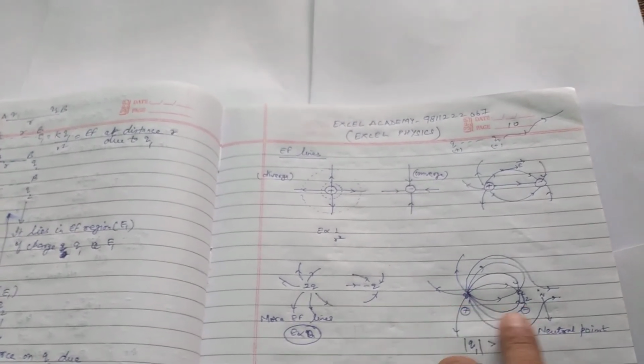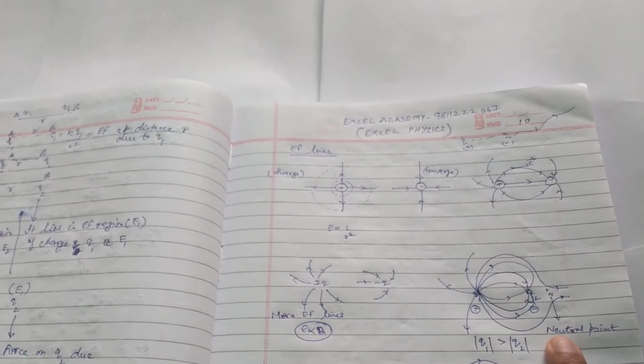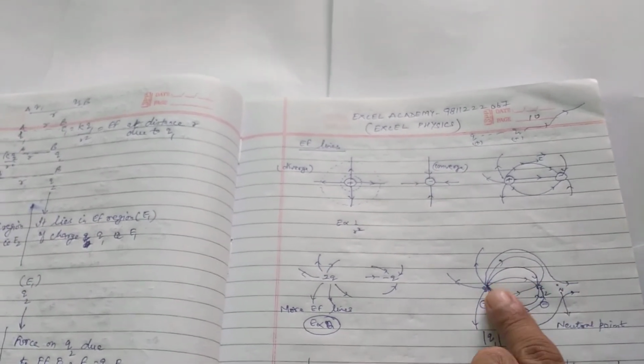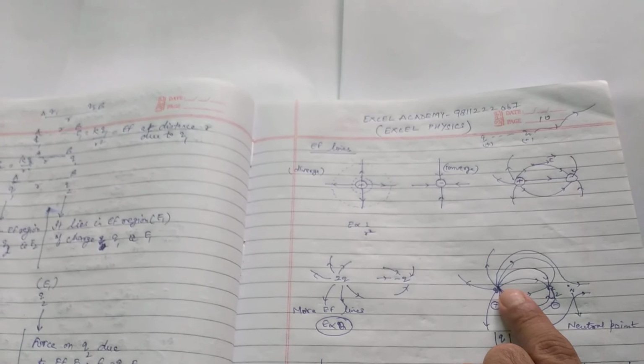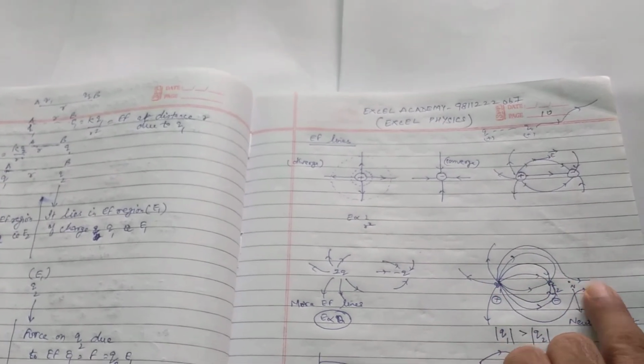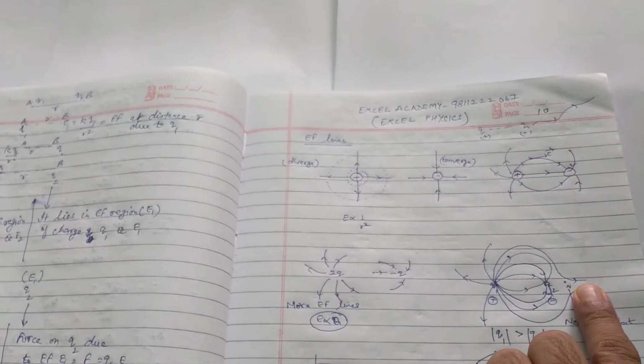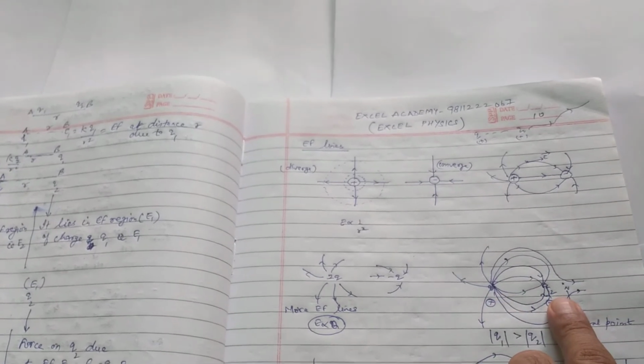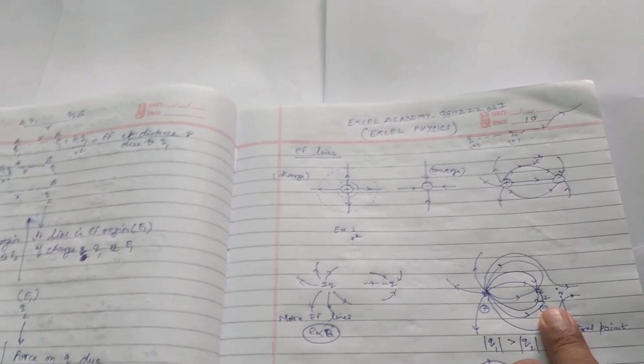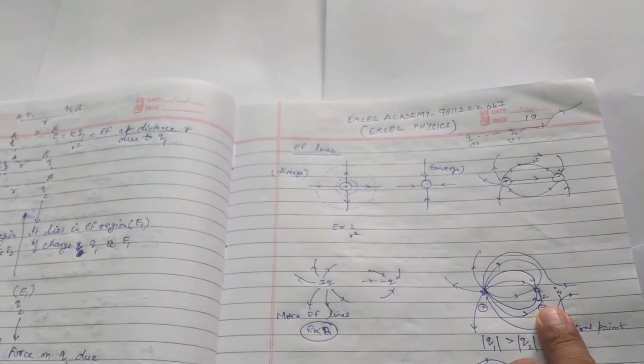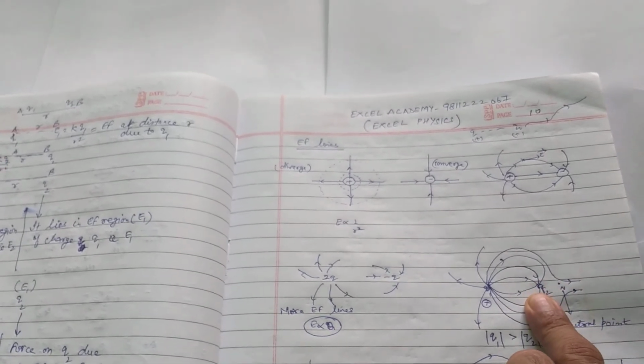of charge. This is a neutral point, and this neutral point lies along the axis but outside. It means that these two charges are of opposite nature, and this is closer to this q2 charge.